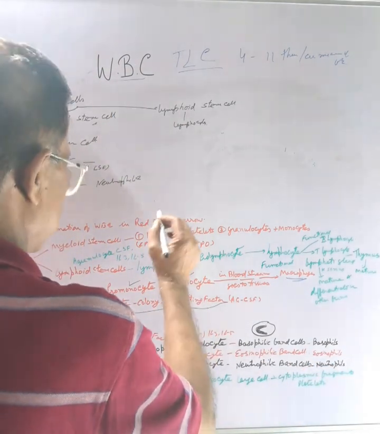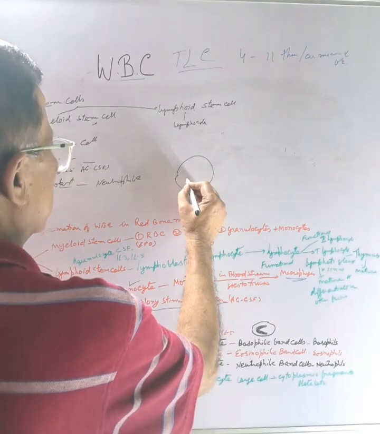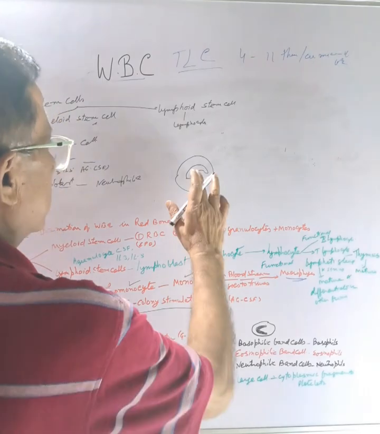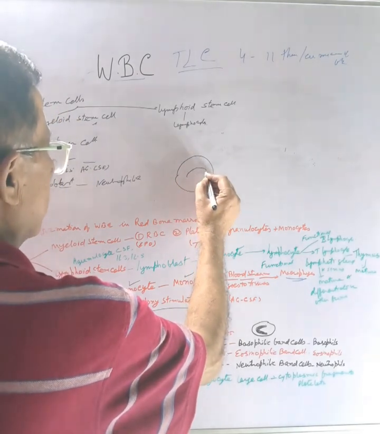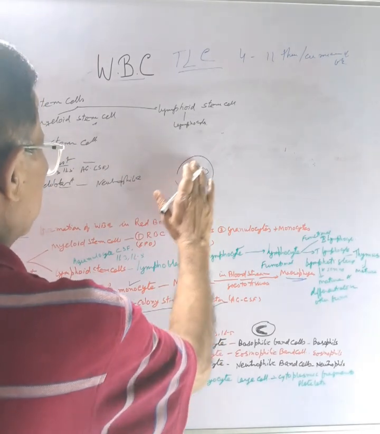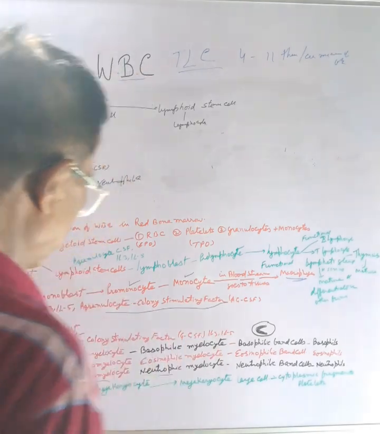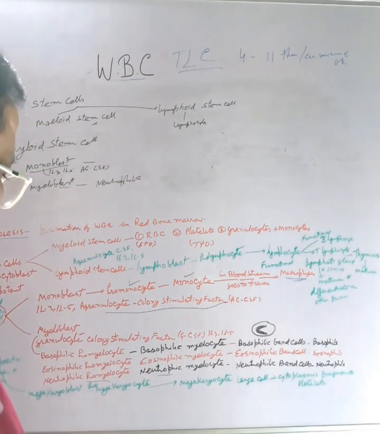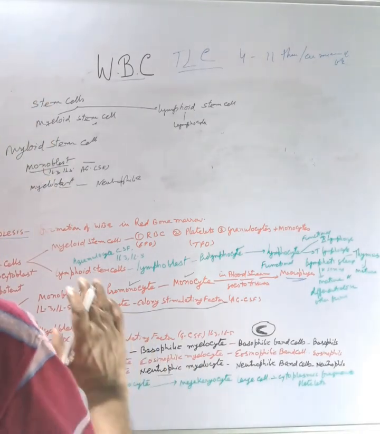What is a neutrophil band cell? The nucleus is single, not divided into lobes, so it is a band cell. So myeloblast develops into neutrophilic promyelocyte, then neutrophilic band cell, and finally neutrophil.